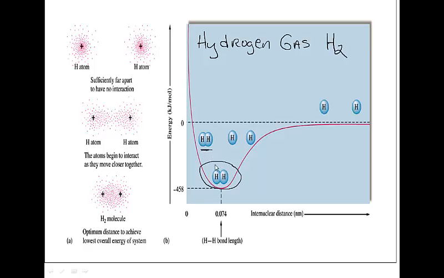So low energy, better, and the energy dips down. This is the perfect length for the bond between the two hydrogens. Anything else is too high energy. Anything else is too unstable. So it is the optimum distance for low energy. This one does not even cut it. Even though they're bonded, even though they're nice and tight and close, it's still not good enough to be the lowest energy.